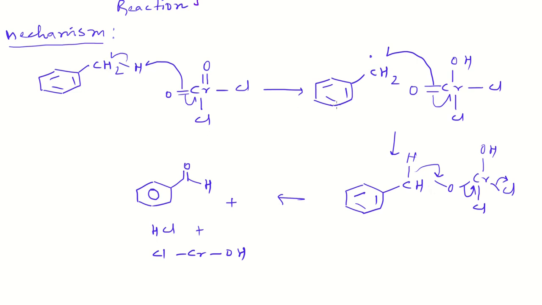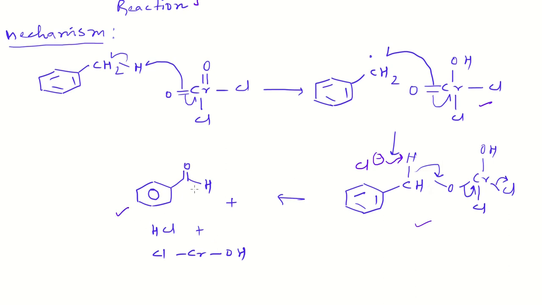Then the benzylic radical will be attacked by the oxygen atom of this intermediate, and the formation of this intermediate will take place. After that, the Cl- will abstract this proton from the benzylic position. An elimination reaction will take place, and this will provide our desired benzaldehyde.